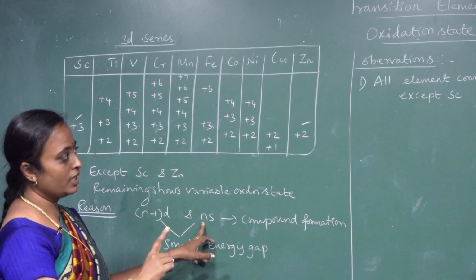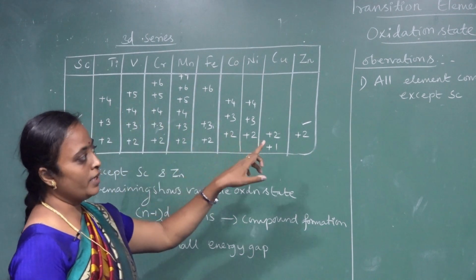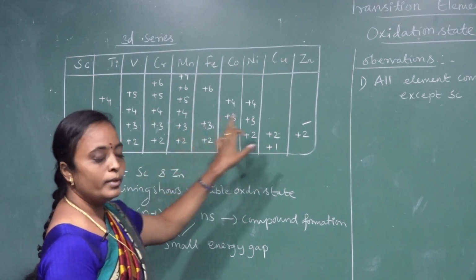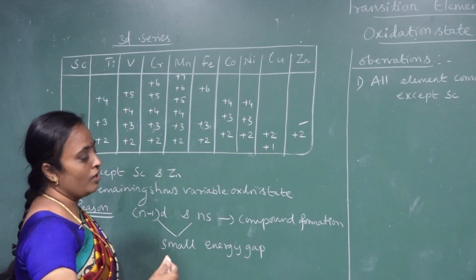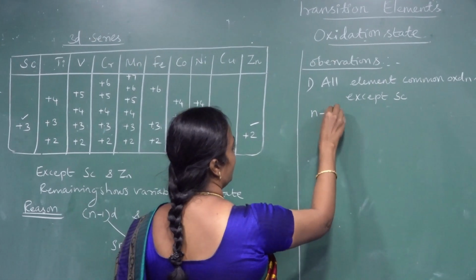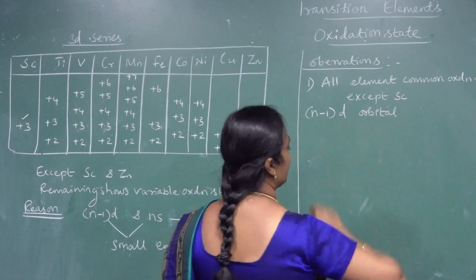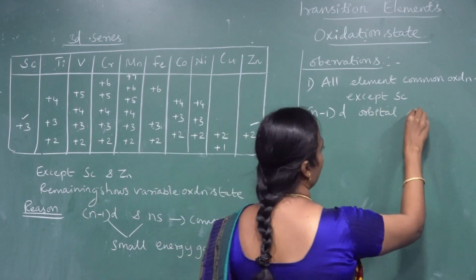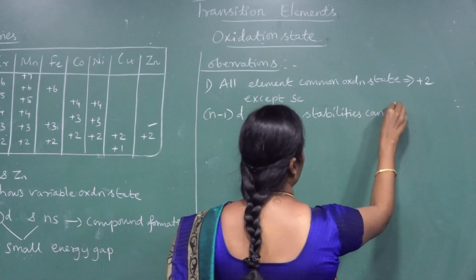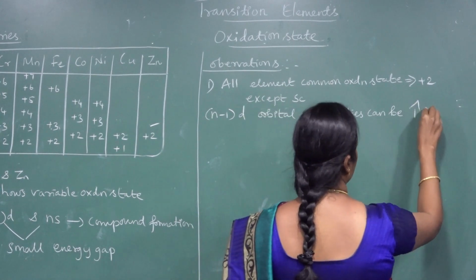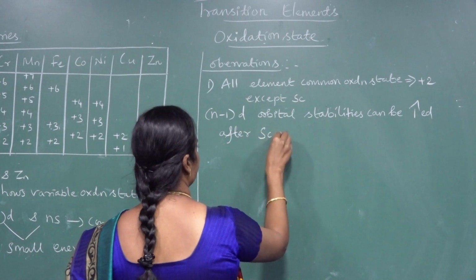For scandium we can expect removal of 3 electrons. All elements have the common oxidation state +2 except scandium. From that we can infer that the n-1 d orbital stability increases after scandium.